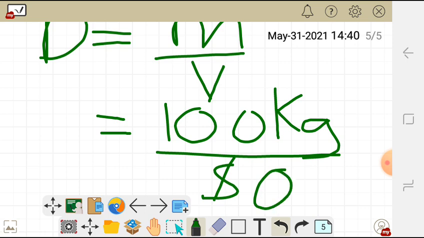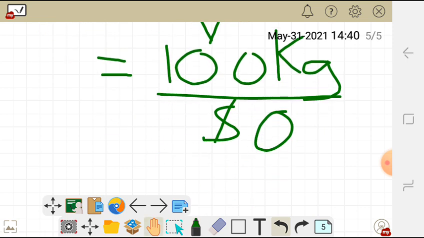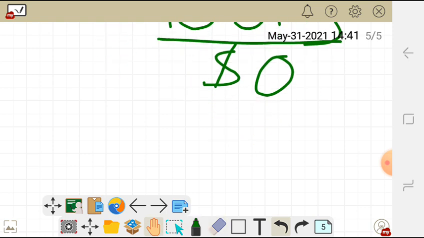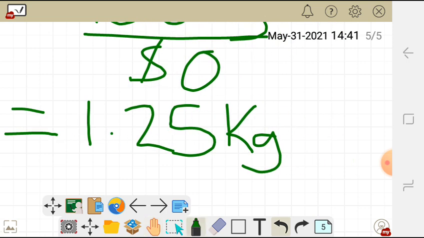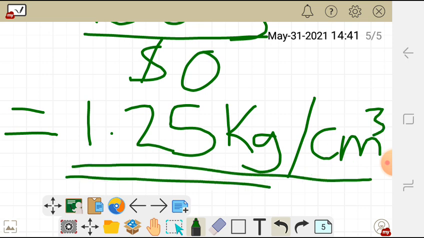When you calculate 100 divided by 80, the answer is that our density in this case is equal to 1.25 kg per cubic centimeter. So that's the density of that object.